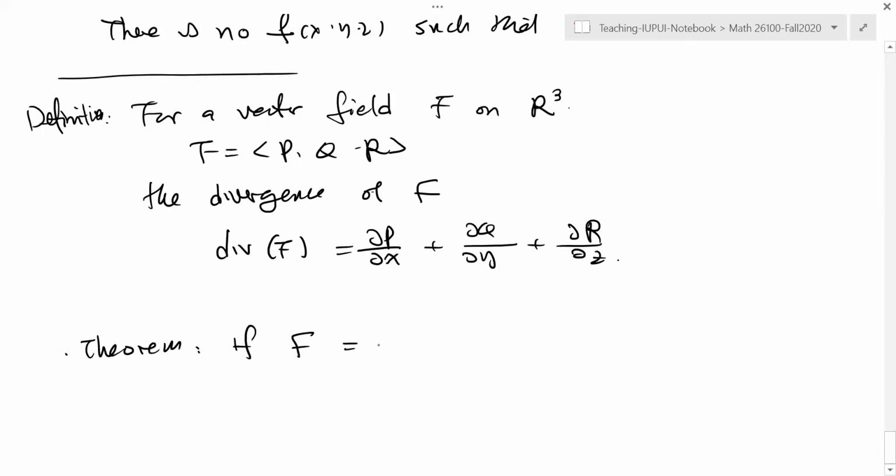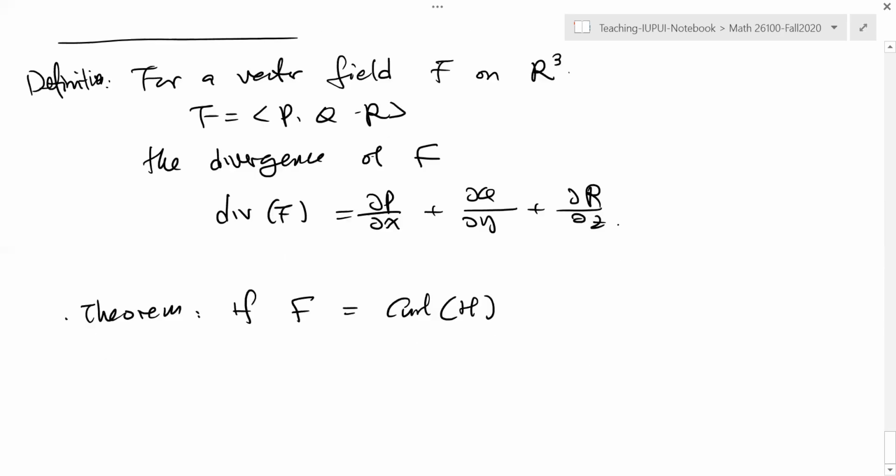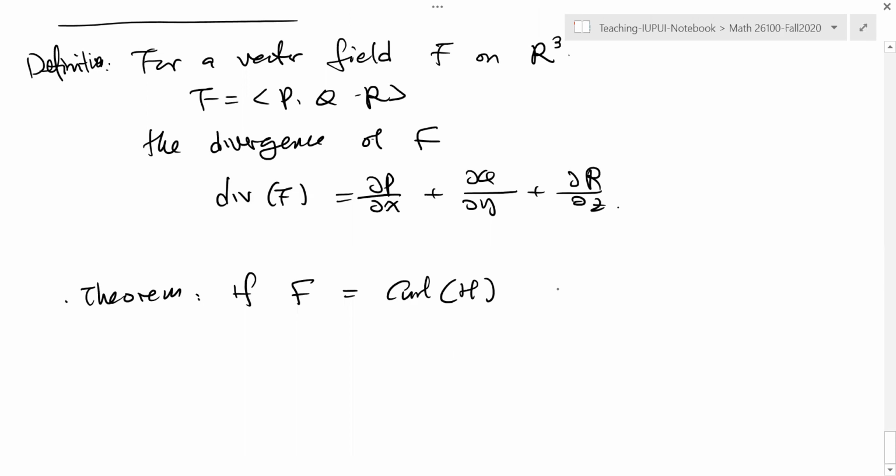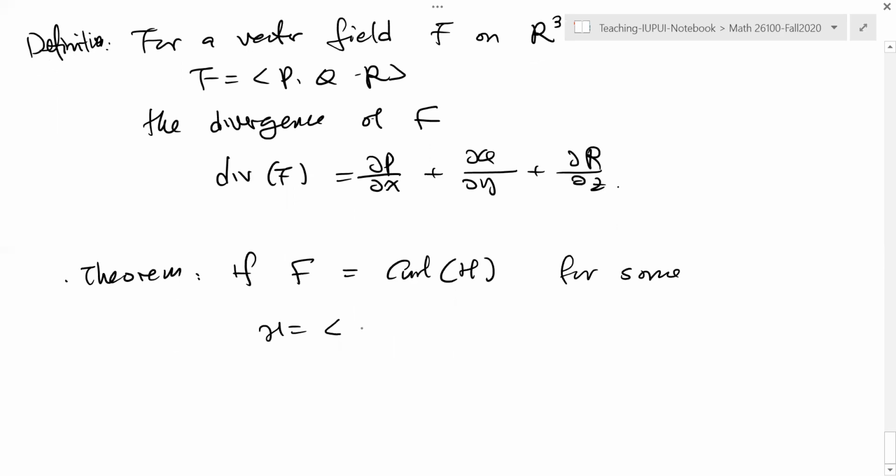If the vector field comes from the curl of some vector field H, for some H, we can use any, right? We can say P, Q, R, for example.